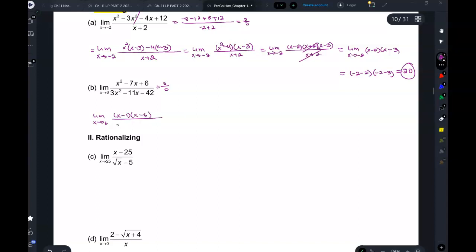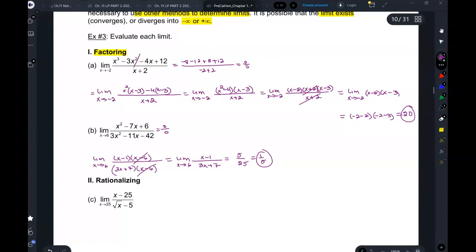And then here, 3x plus 7, x minus 6. Okay, again, the whole x equals 6 situation went away. This is just the limit as x approaches 6. And I get 5 over 25, which is 1/5.